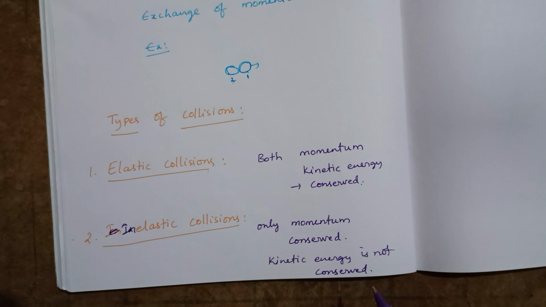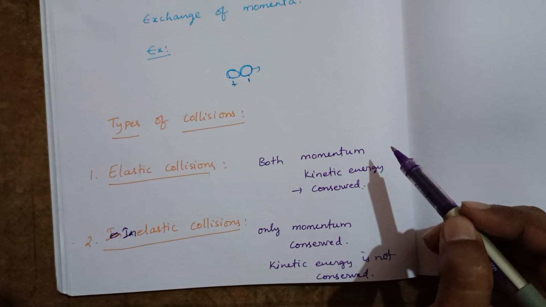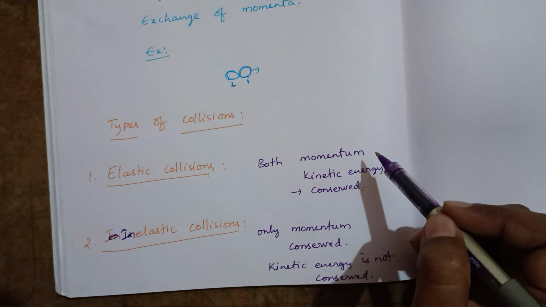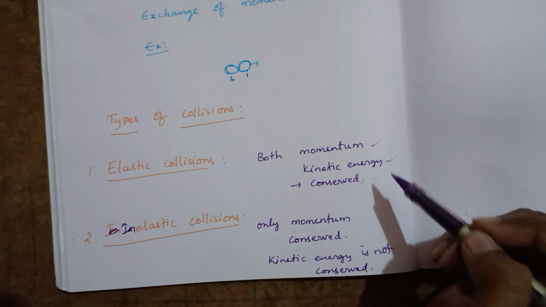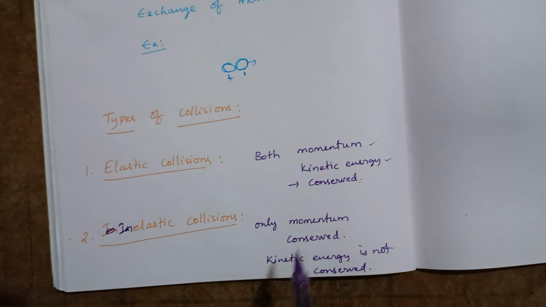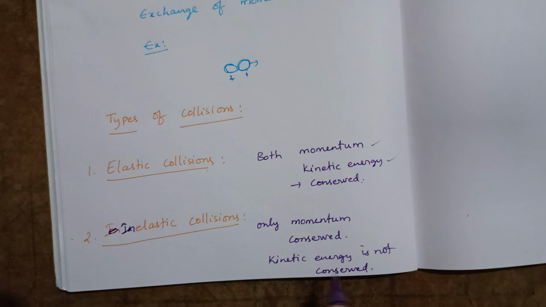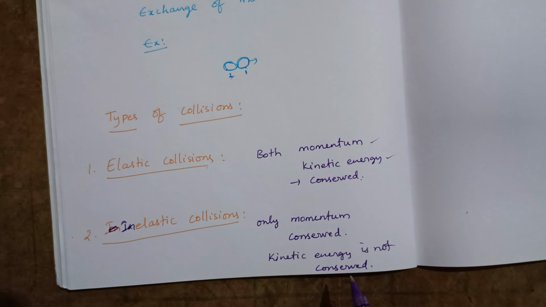Kinetic energy is not conserved. In elastic collisions, both are conserved. Remember, in elastic collisions, momentum and kinetic energy both are conserved. In inelastic collisions, only momentum is conserved, not kinetic energy.